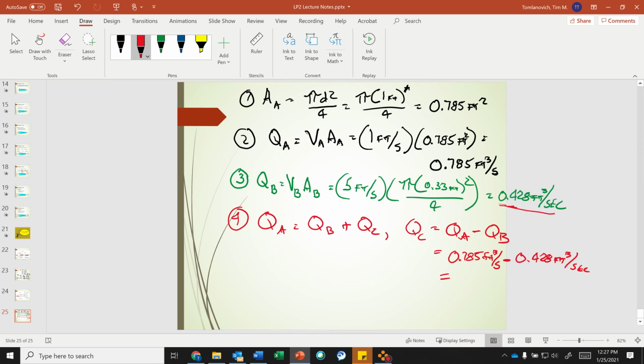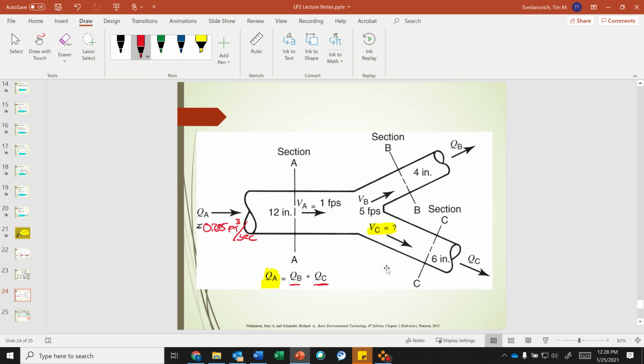So 0.785 minus 0.428. So Q in C equals 0.357 cubic feet per second.